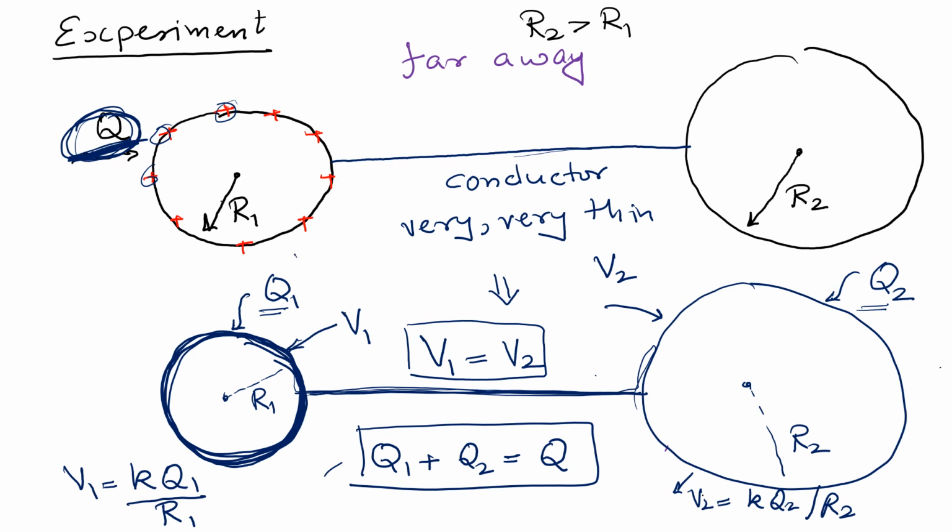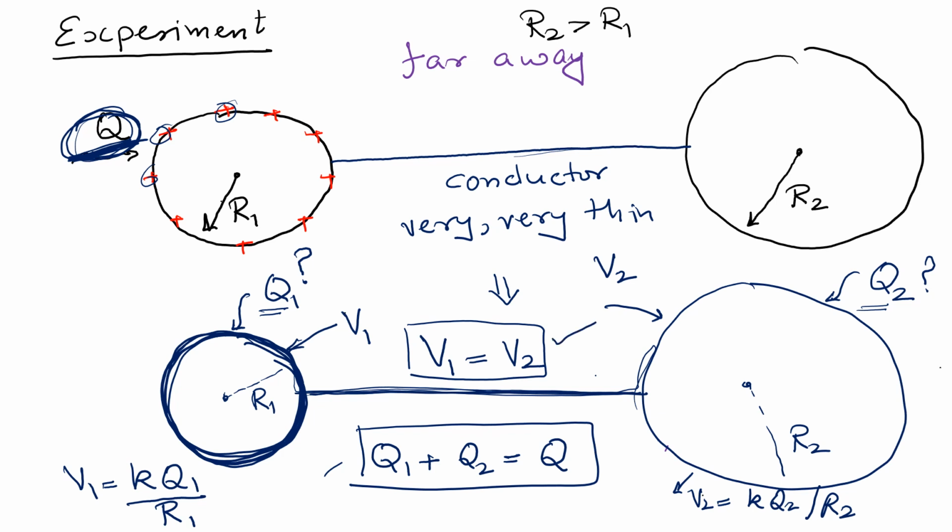We have two unknowns, Q1 and Q2. We do not know what these two values are. These are the two values we are trying to calculate. And now we have two equations.